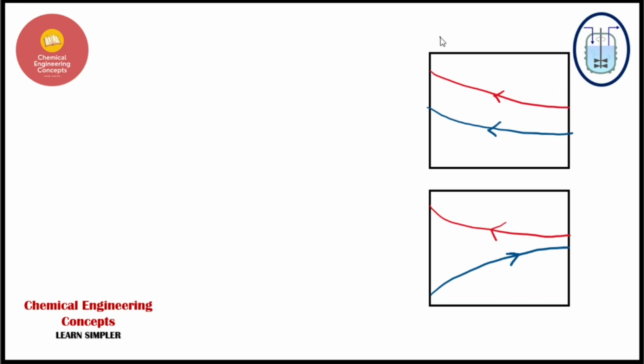By the basics of the heat exchanger, this is the counter current flow, and the lower one is the parallel flow of the two streams, the hot stream and the cold stream. This red curve is showing the hot stream, the blue one is showing the cold stream. Sorry, please change the direction. This is downwards, and yes, it is also downward.